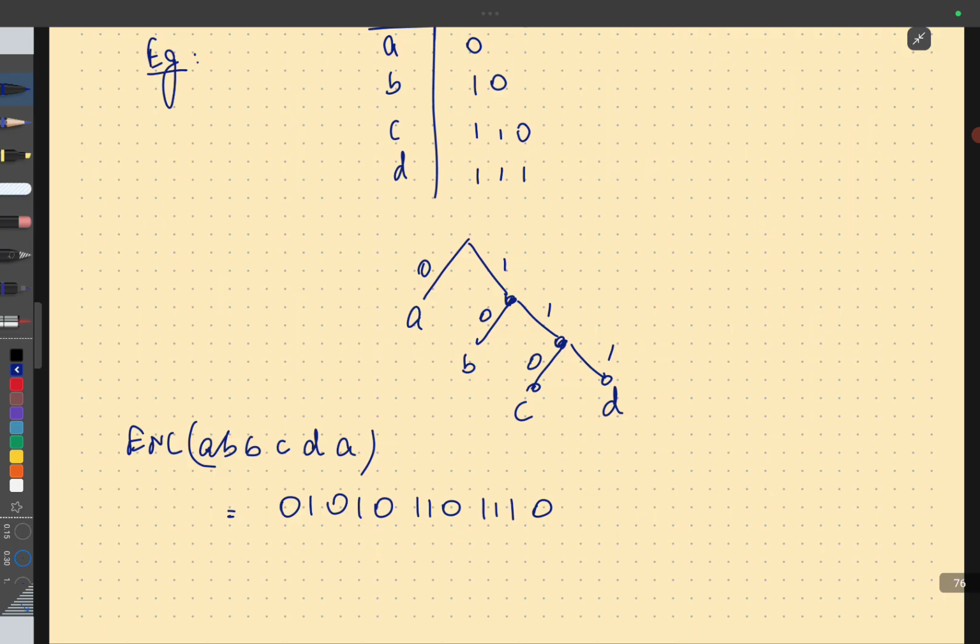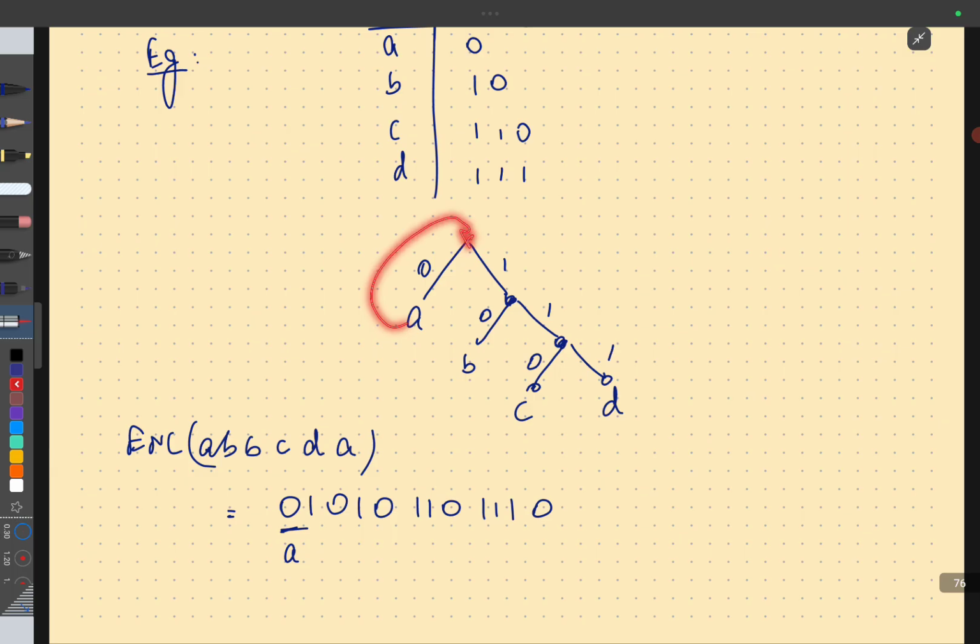Okay. So now you use the tree to decode. I read the first bit. The first bit is a 0, so I go to the left branch of the tree. I immediately know that this should be equal to A. And now I immediately go back to the root.